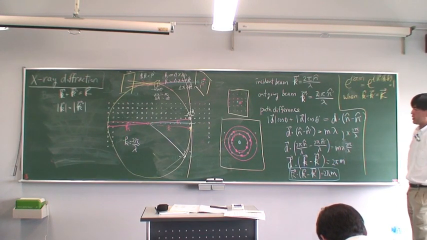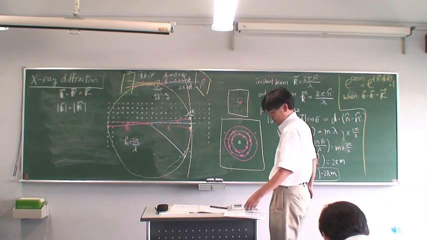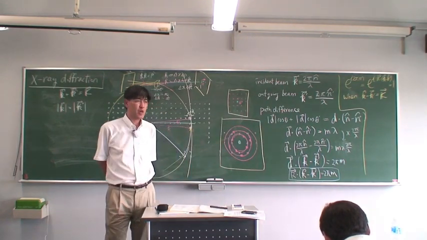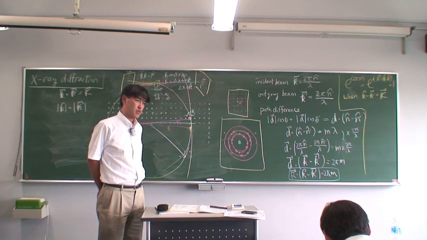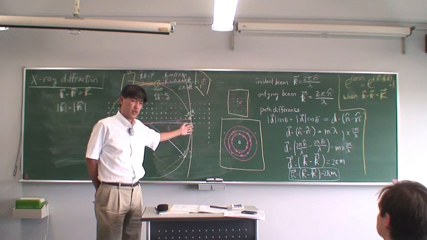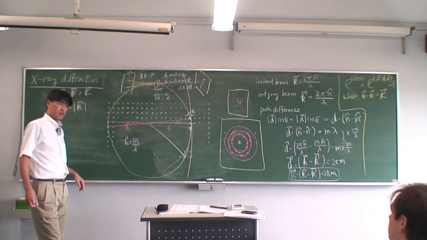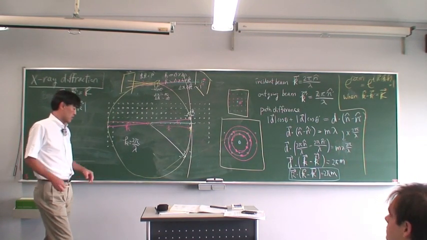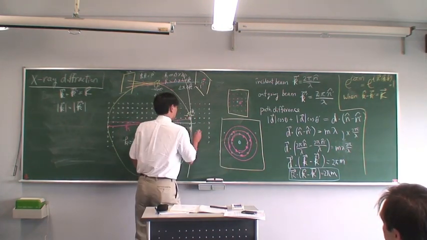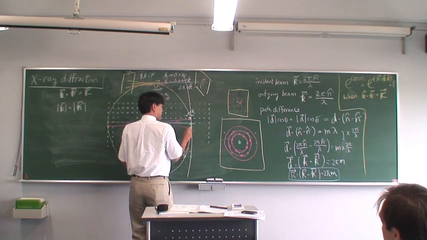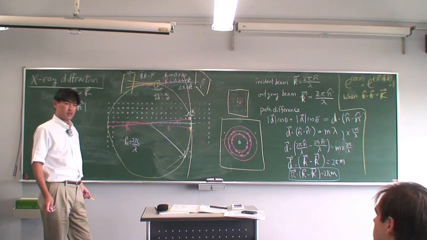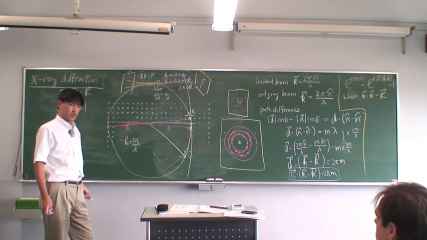The next important point is how shall we define the origin of the reciprocal lattice? It is convenient to choose this particular point as the origin of the reciprocal lattice when we talk about diffraction.